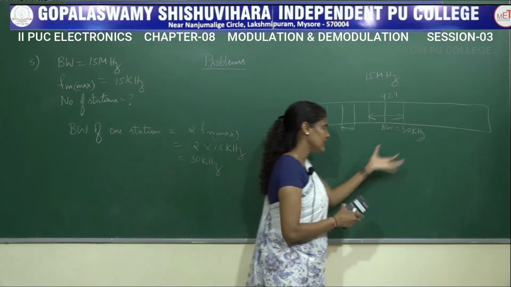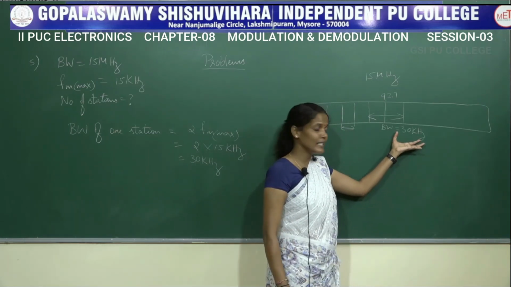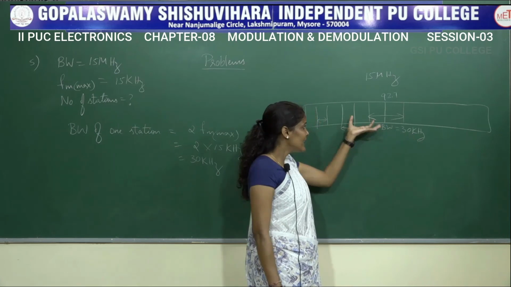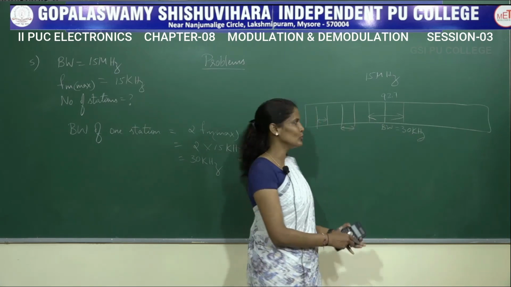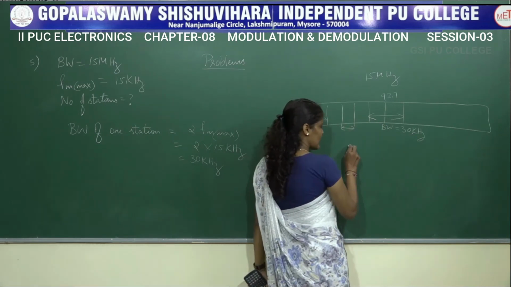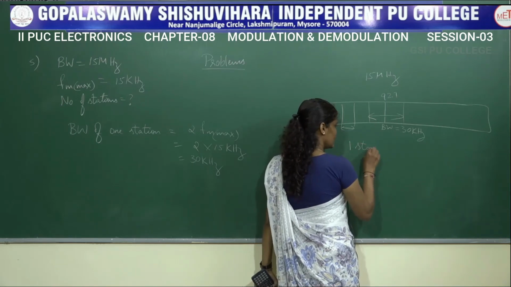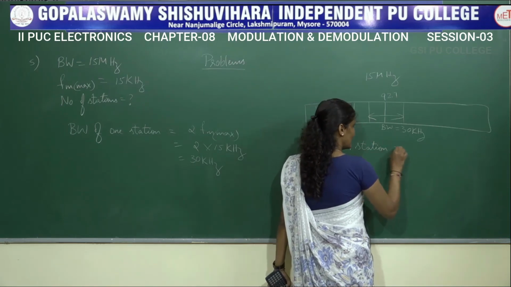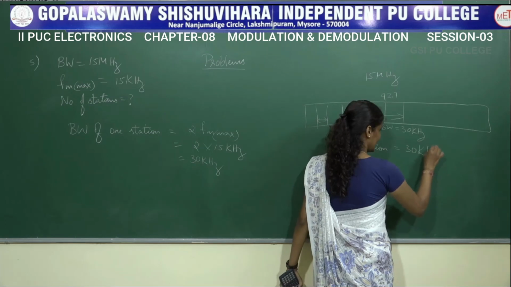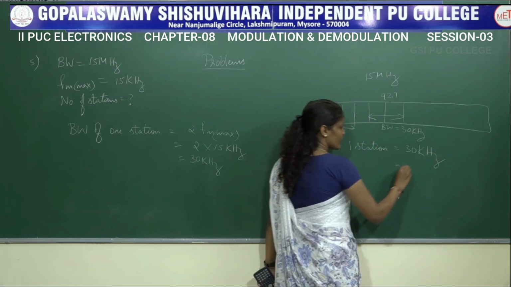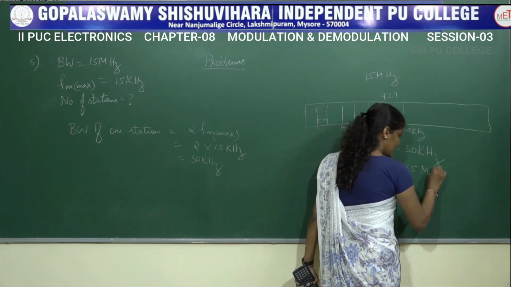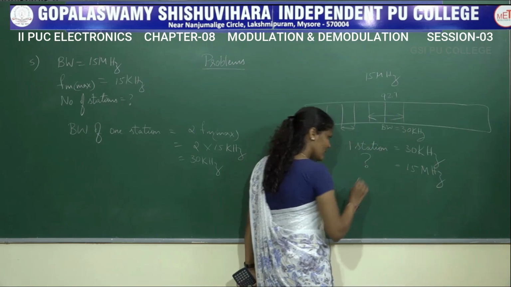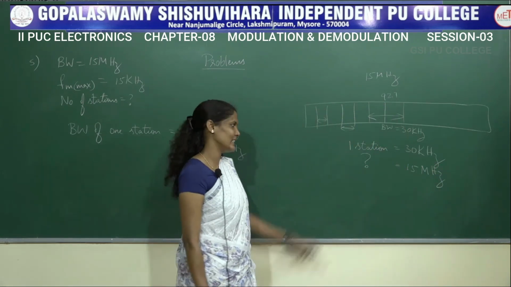How many such 30 kilohertz bandwidth signals can be accommodated in that 15 megahertz? So for one station, bandwidth is 30 kilohertz. Now for 15 megahertz, how many number of stations can be accommodated?